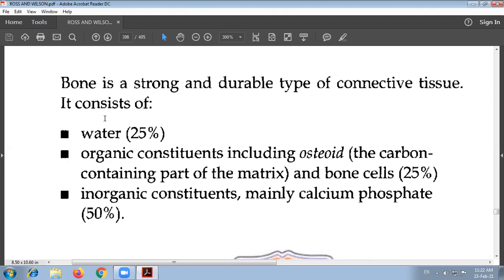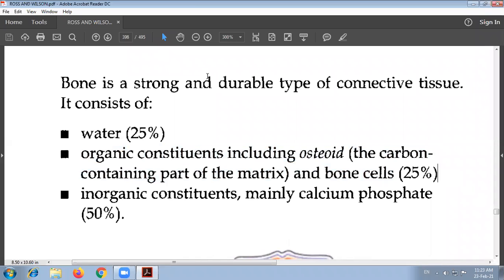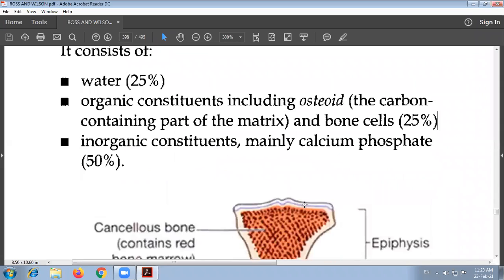Bone consists of 25% water, then 25% organic constituents including osteoids, the carbon containing part of the matrix, and bone cells. The remaining 50% is the inorganic constituents, which is mainly calcium phosphate that is present in the bone.